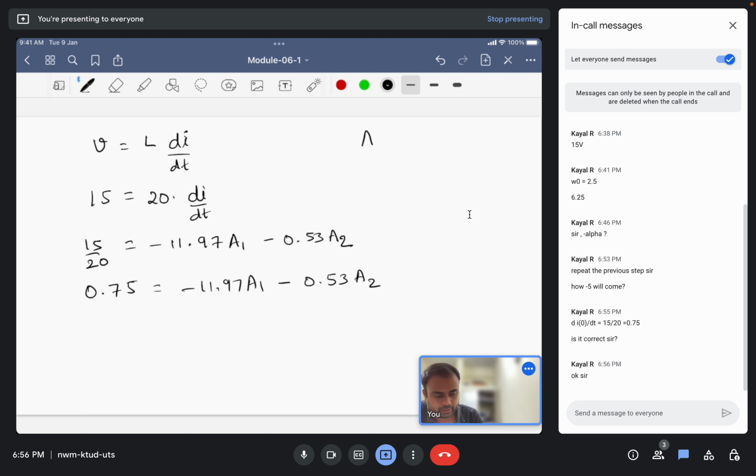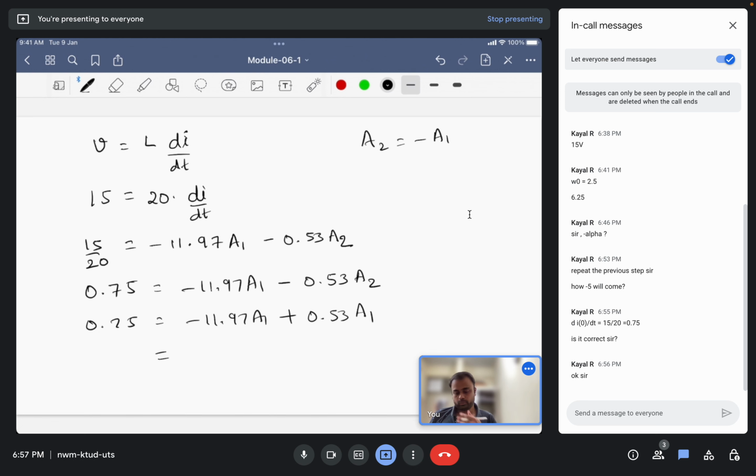And we know that A2 is equal to minus A1. So 0.75 is equal to minus 11.97 A1, and minus minus, so plus 0.53 A1. So A1 is 0.75 divided by minus 11.97 plus 0.53.